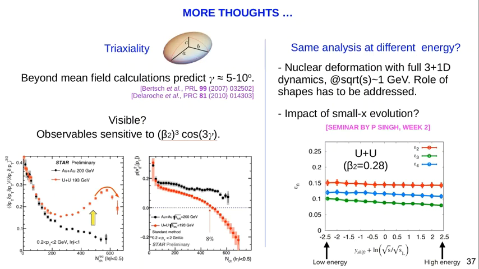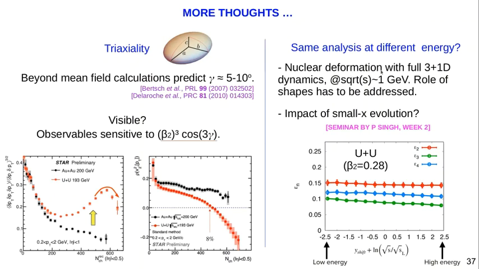And there is a beta 2 cubed in front, which means it's not impossible that the small effect is actually amplified. Hopefully we will get so quantitative in the comparisons that we will also be able to access this gamma. Otherwise, I think this analysis in general, to see what the shape does and whether you can consistently understand the signatures, will be very interesting to do also at different energies.